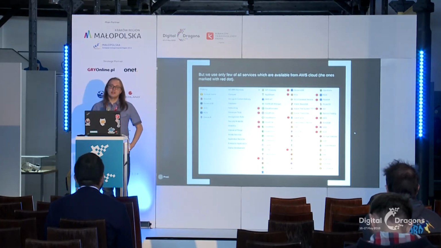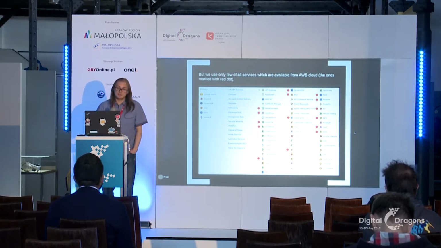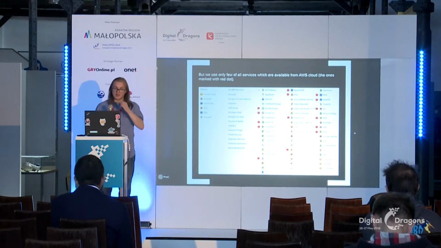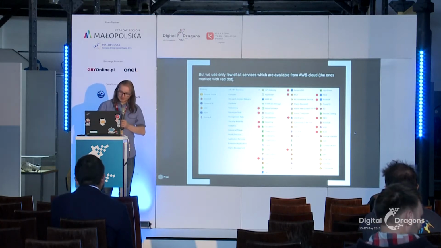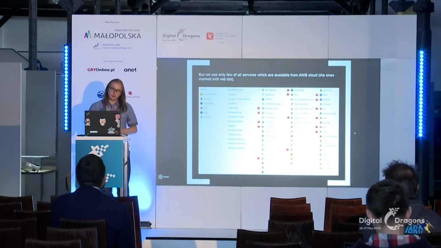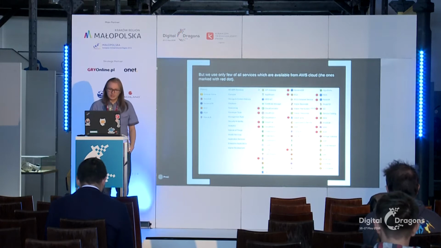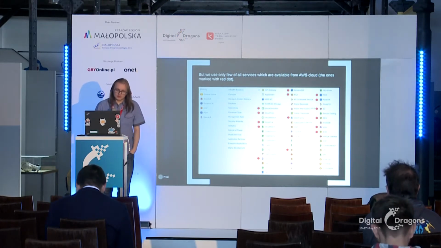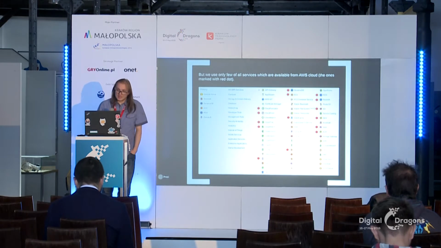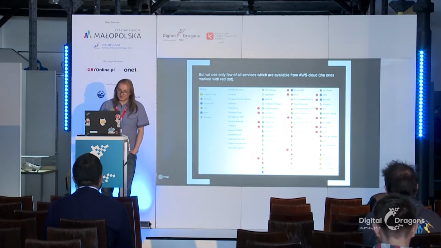Those are services available from Amazon Cloud, and with the red dots I marked those which we are using in our solution. So this is mostly CloudFormation, CloudFront, CloudTrail, CloudWatch, Device Farm, DynamoDB, Elastic EC2, Elastic Cache, Kinesis, RDS, and others.